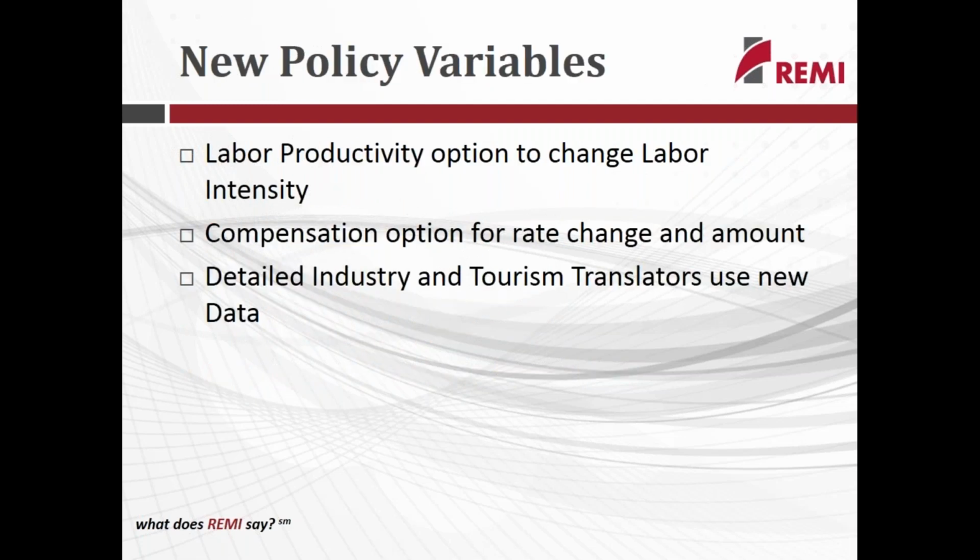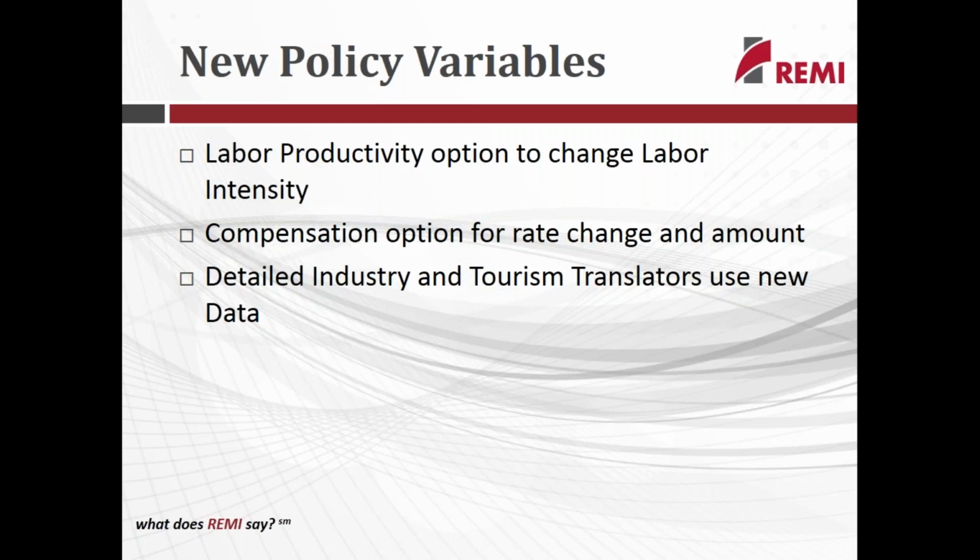Some new policy variables that we're reporting on. We now have a better level of detail that we're able to adjust labor productivity and compensation in the model. For labor productivity, we have given users the option to change labor intensity while they're affecting labor productivity.